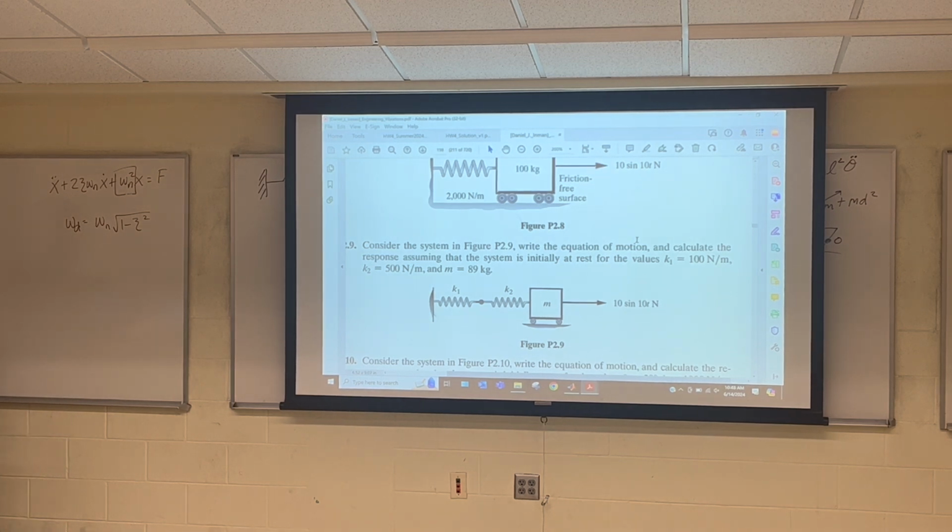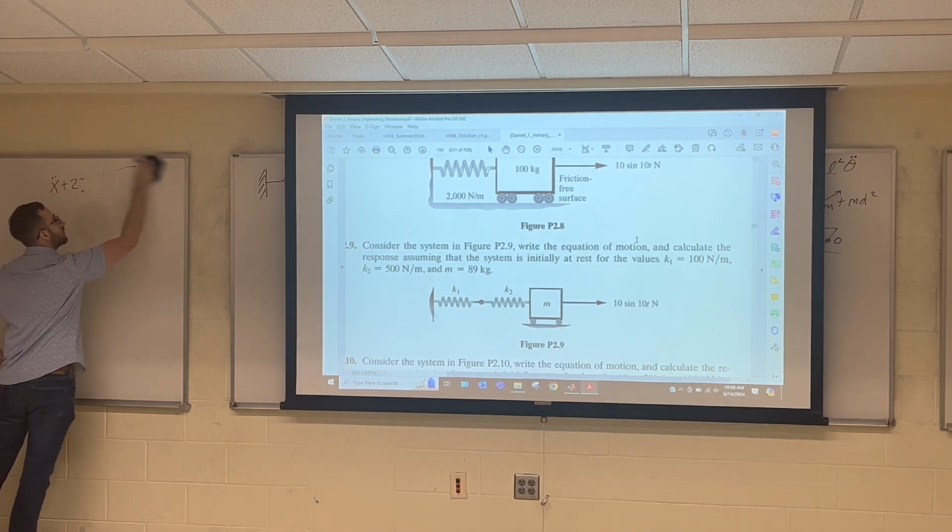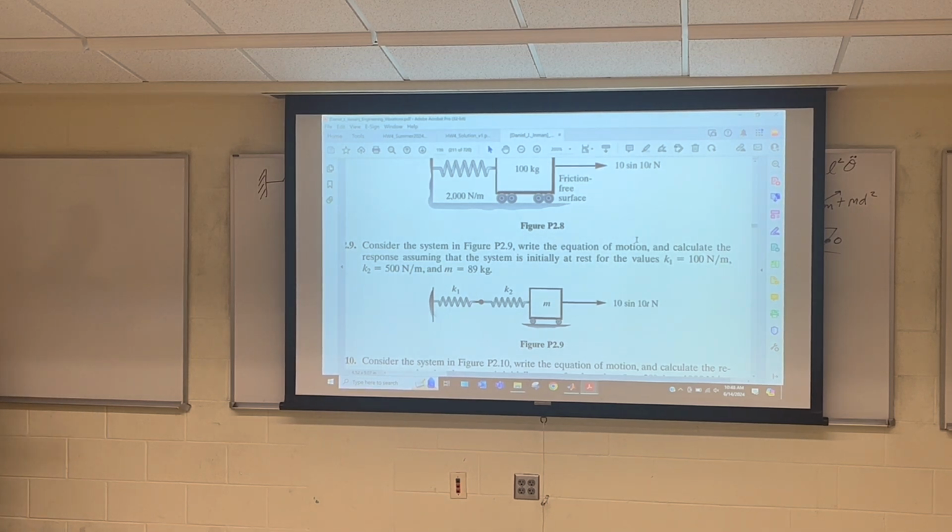So let me write down some of the givens from this problem so we have them. So we have K1, K2, and M. M is 89 kilograms.